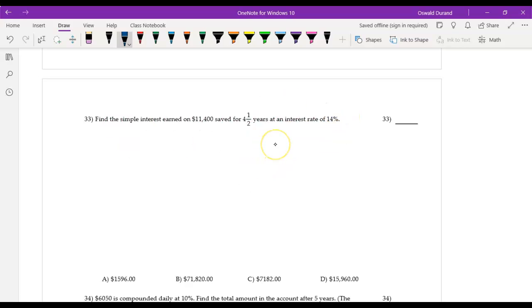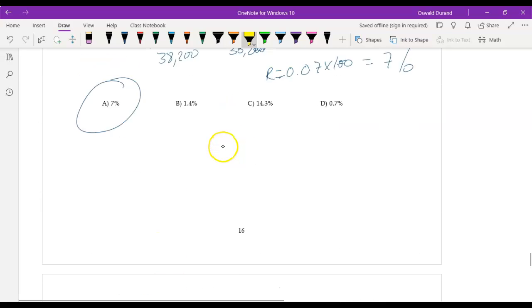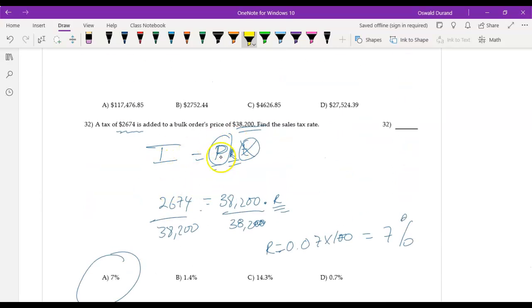Now, what do we have here? Find the simple interest earned on 11,400 saved for 4.5 years at an interest rate of 14%. They're just asking us for the simple interest earned, which I alluded to right here.